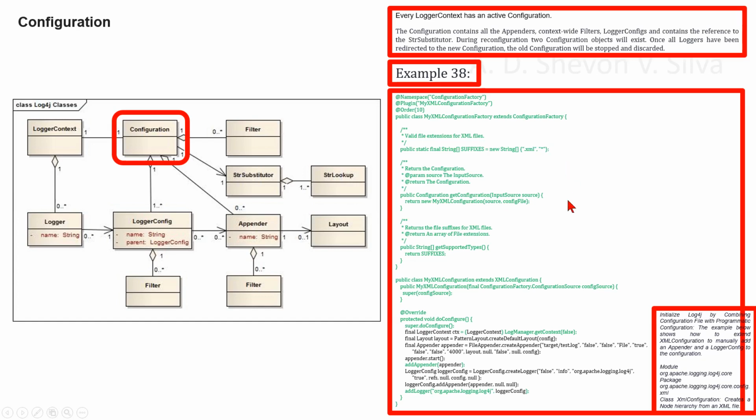After the standard configuration completes, the custom configuration can be added to it. The example here shows how to extend XMLConfiguration to manually add an appender and a logger config to the configuration.